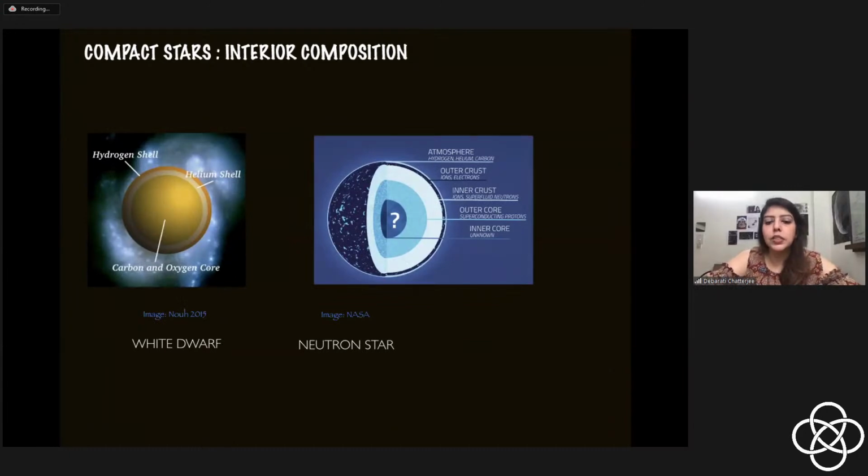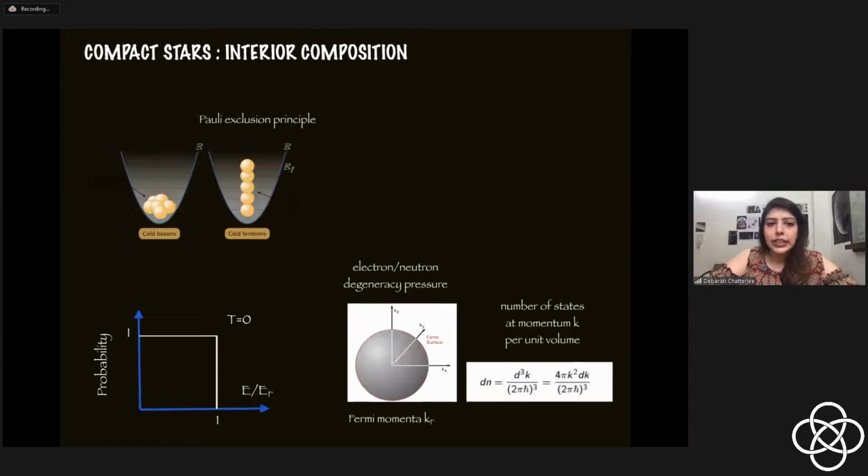So what gives them stability? Basically, it's the fermions that constitute these objects. For white dwarfs, it is electrons, and in the case of neutron stars, these are neutrons. And remember, I told you that these are fermions. Fermions are a class of objects which have half integral spin.